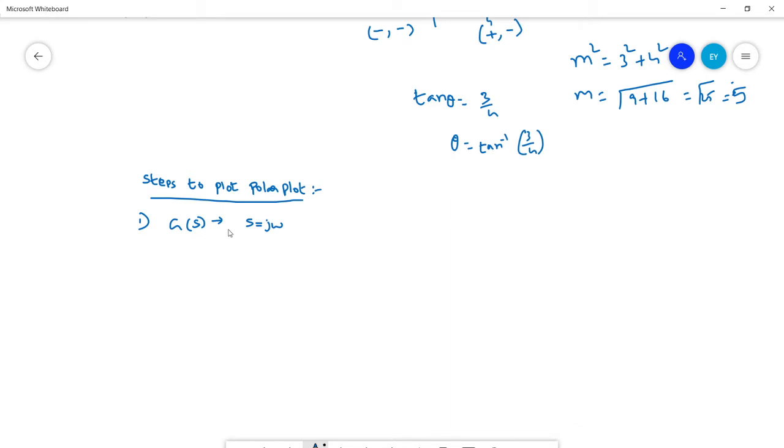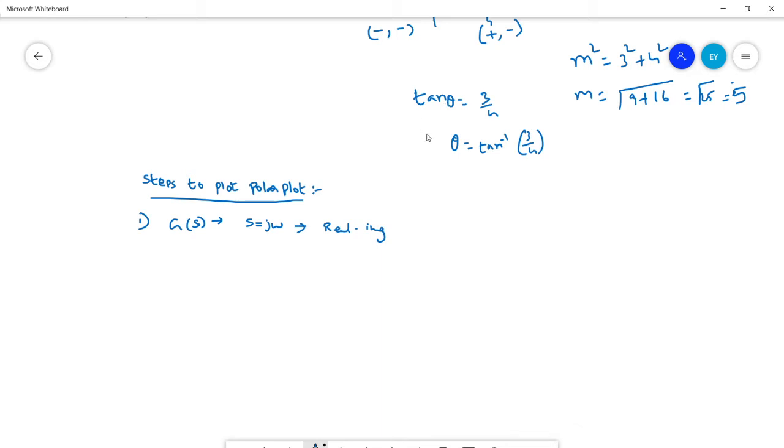In the first step, you will be given a transfer function. You need to substitute s equal to j omega and write the transfer function in terms of real and imaginary parts. Okay. Once you substitute s equal to j omega, write the polar equation in real and imaginary parts.